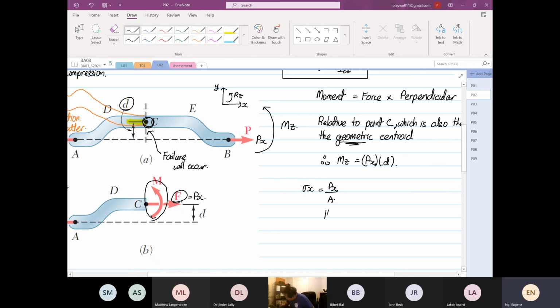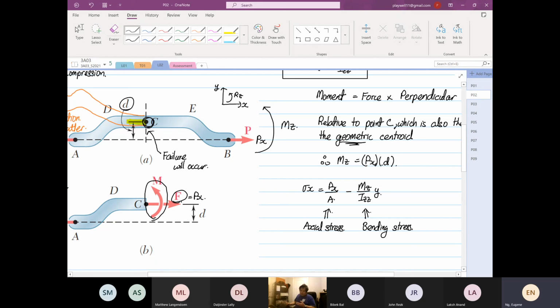This is calculating the axial load, the axial stress. And then the next one is minus Mz over Izz multiplied by y. This is due to the bending stress.